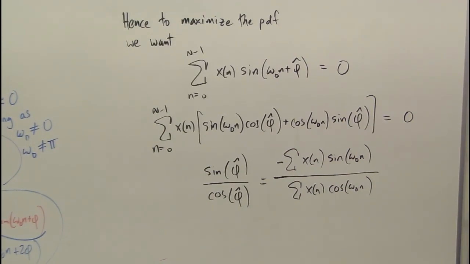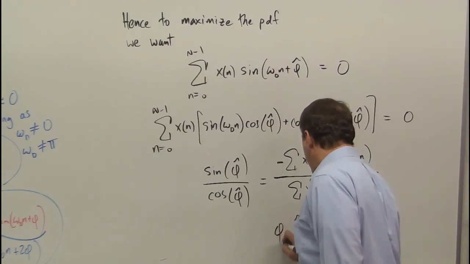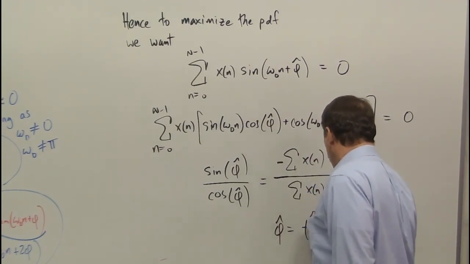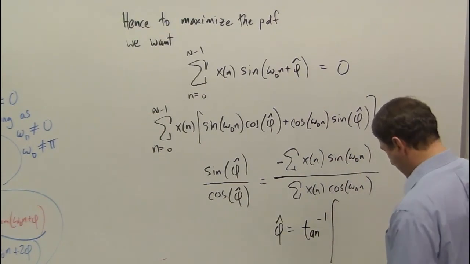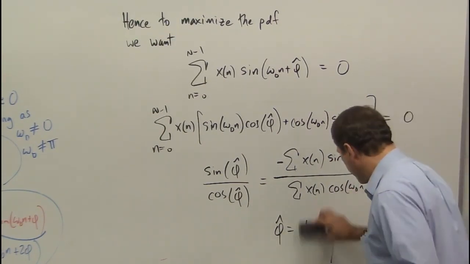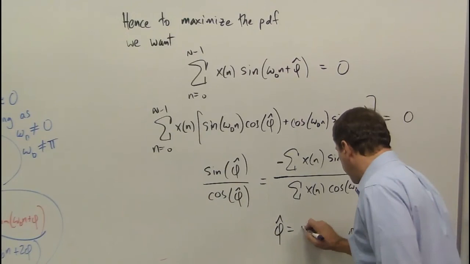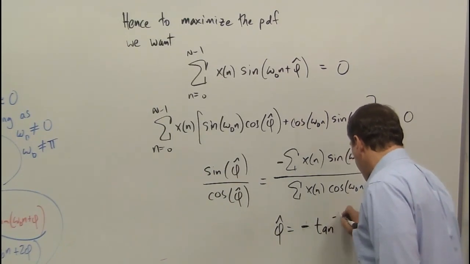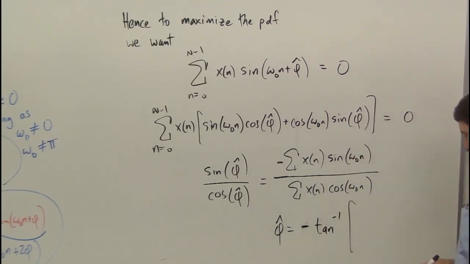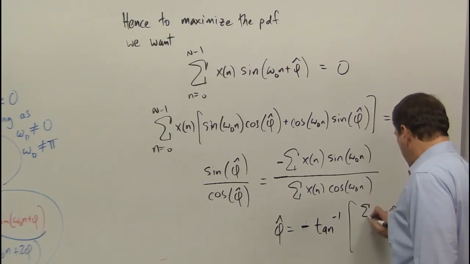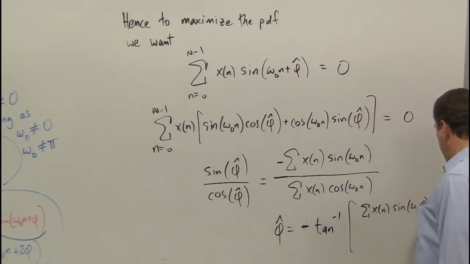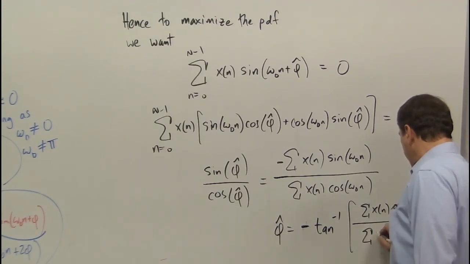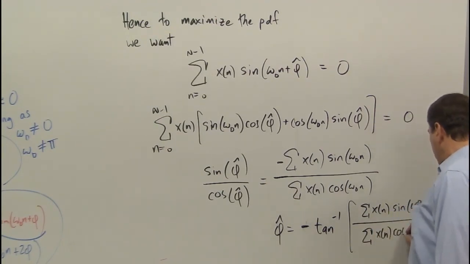Okay? So we want phi hat to be given by the negative of the inverse tangent of the sum of x times the sine, divided by the sum of the x's times the cosine.